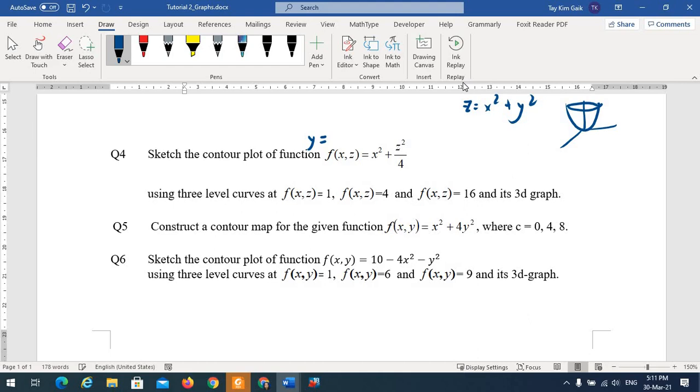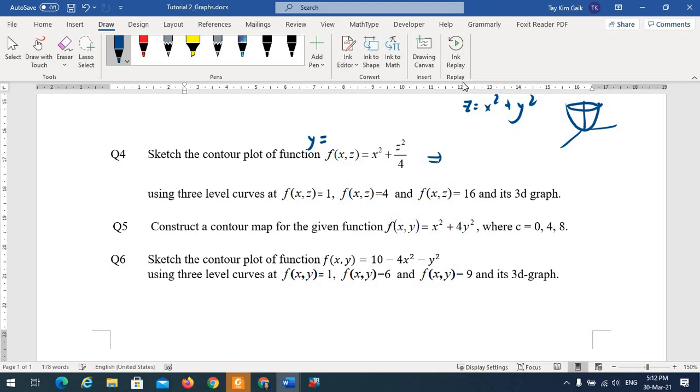Now, the coefficient is different. Only the coefficients for x squared and z squared are different, which means the cross-section of the paraboloid is not a circle but an ellipse. This paraboloid is parallel with the y-axis, whereas the previous one was parallel with the z-axis.